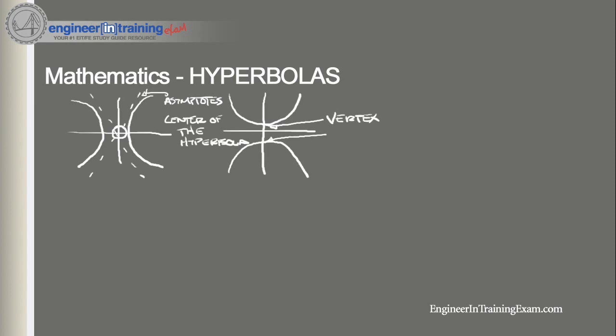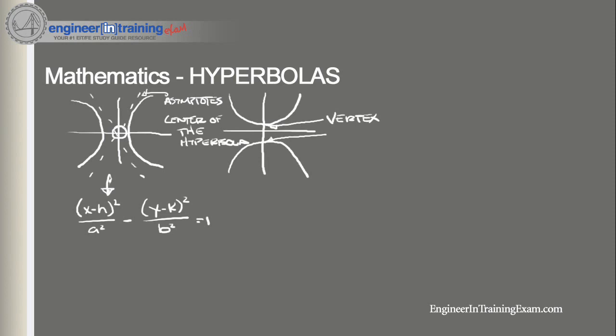Now each of these graphs has its own standard form equation. The one that opens right and left, the standard equation to this hyperbola is (x minus h) squared divided by a squared, minus (y minus k) squared divided by b squared, is equal to 1.